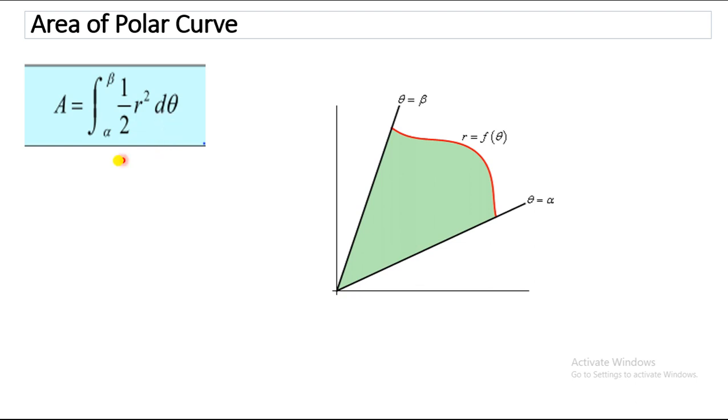This is the law of area for polar curves. Area equal integration from alpha to beta half r square d theta.